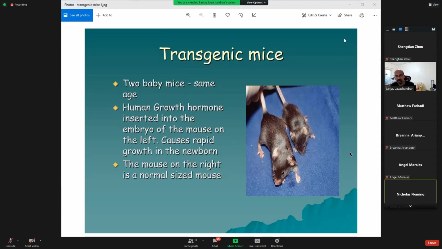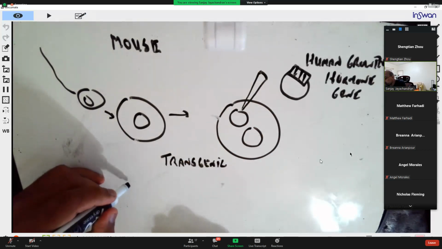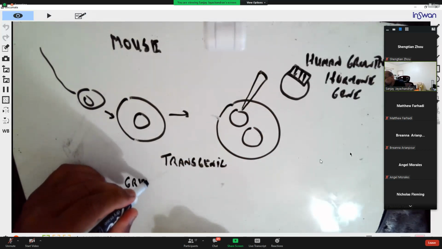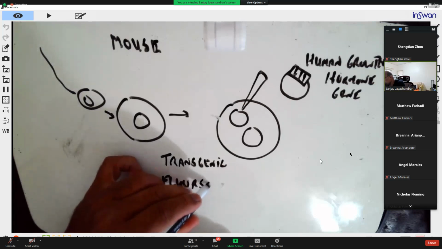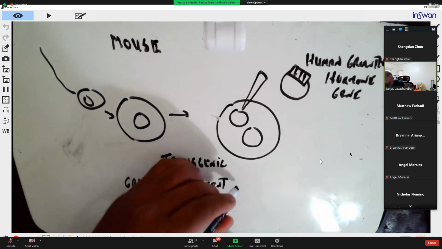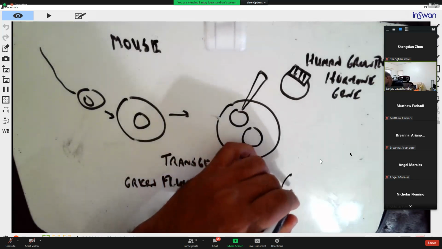Okay, now that's not the only gene. Human growth hormone gene is one gene. Another gene is something called the green fluorescent protein, or GFP.